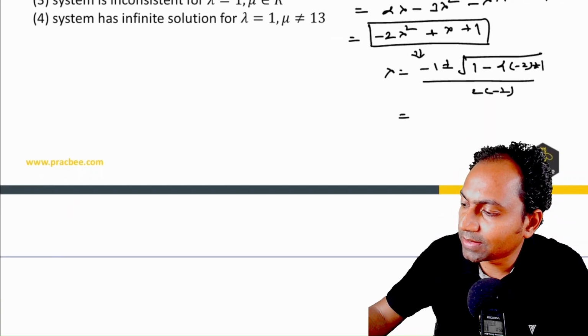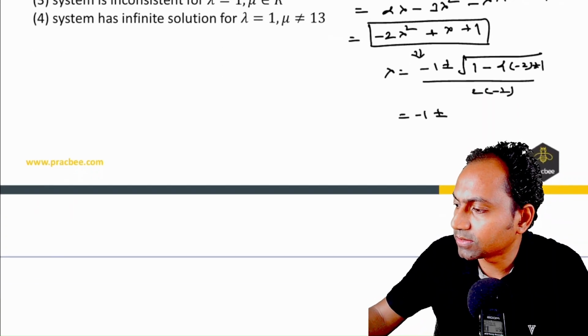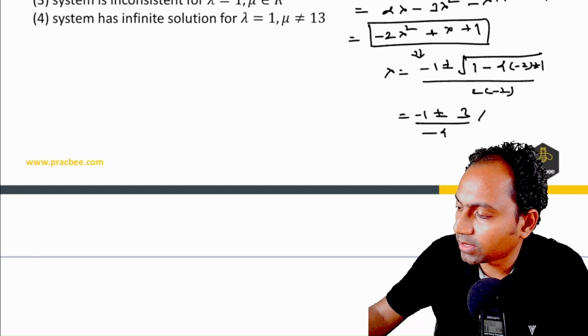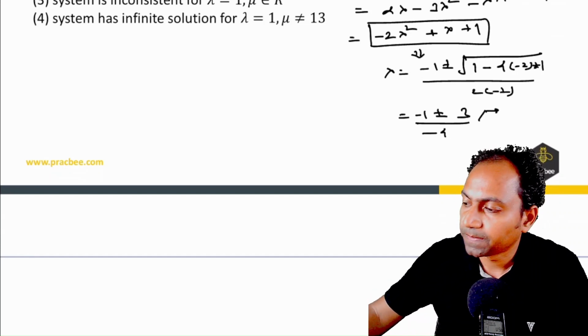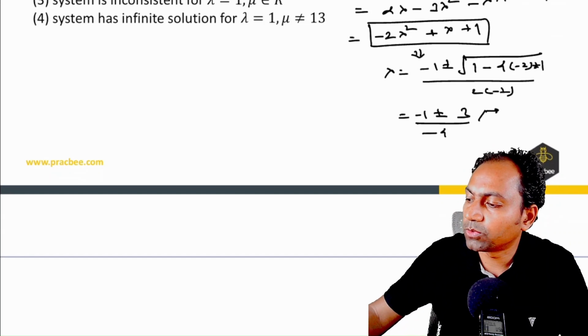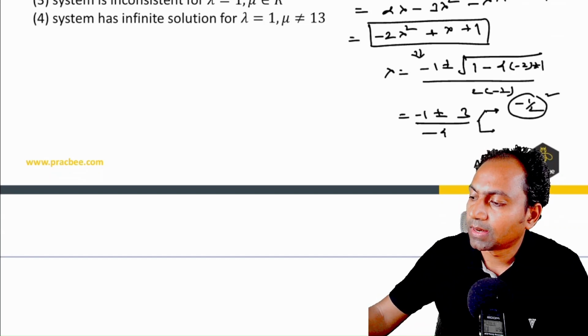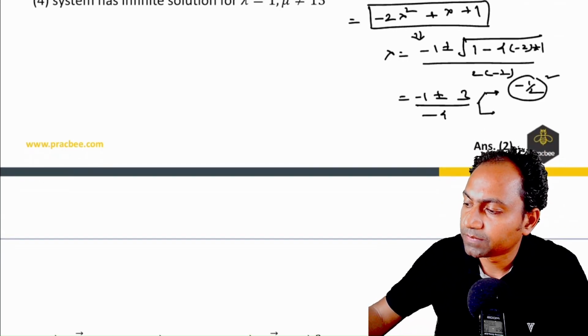If I simplify, this comes out to be minus 1 plus minus 3, over minus 4. If I take the plus sign, it becomes 3 minus 1, 2. 2 by minus 4 is minus 1 by 2. So this is one of the possible values. Another possible value will come when I take the minus sign. Then it becomes minus 4 by minus 4, that is nothing but 1.